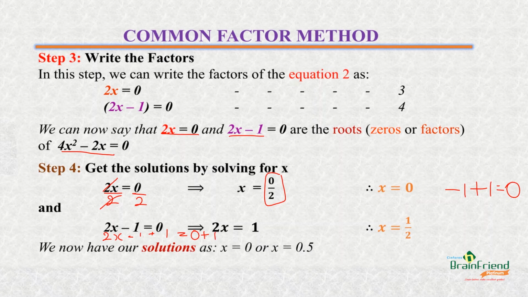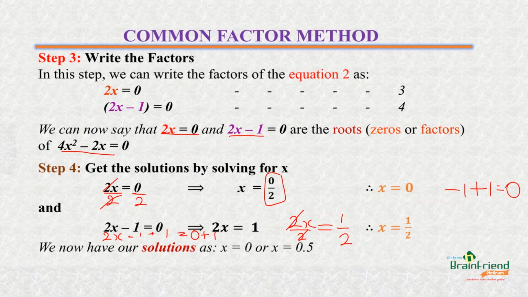At this stage, all we need to do is to make x the subject. If we make x subject by dividing both sides by 2, that is 2x over 2 is equal to 1 over 2. The 2 here will be cancelled by the 2 here. Remember, the one up is called the numerator and the one down is called the denominator.